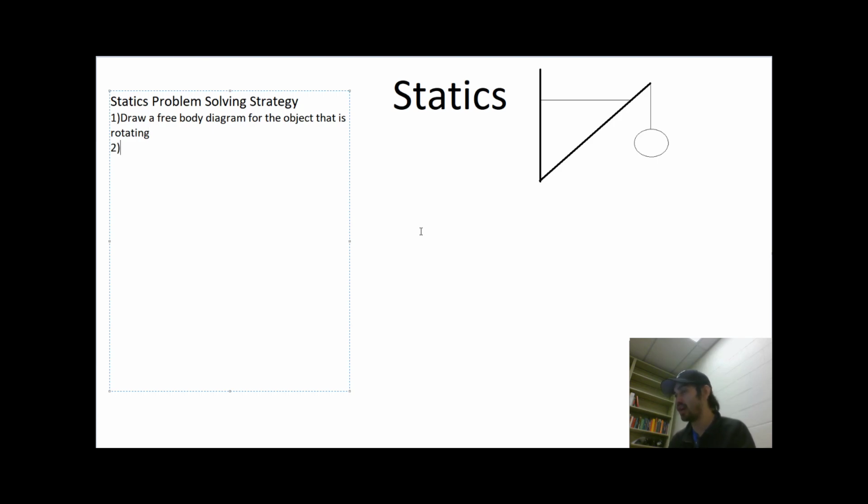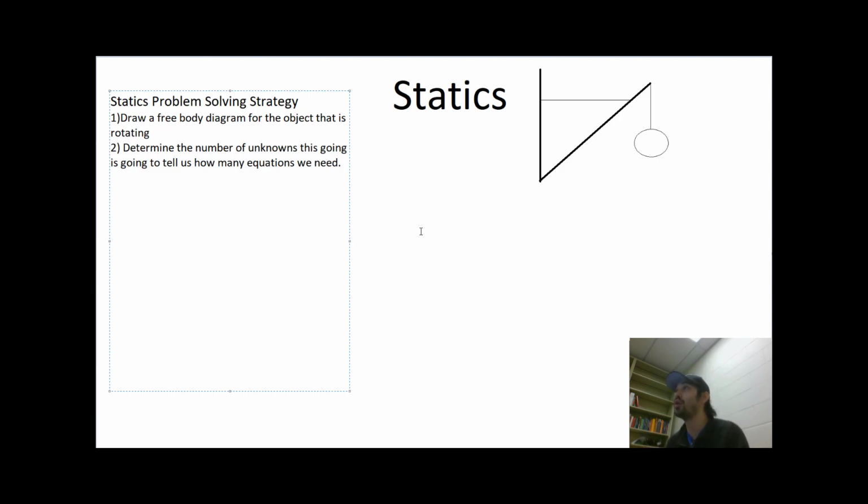Second, we want to determine the number of unknowns, and this is going to tell us how many equations we need. Right? Because if we have two unknowns, we need two equations, three unknowns, three equations, and so forth.